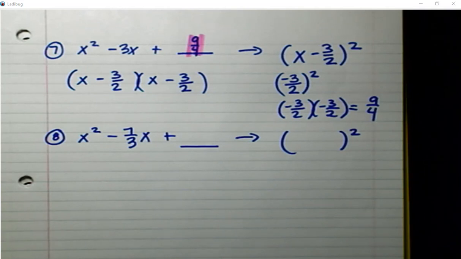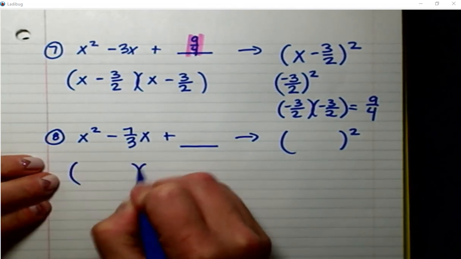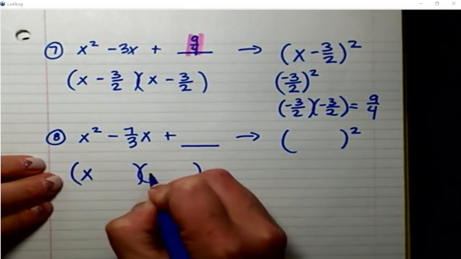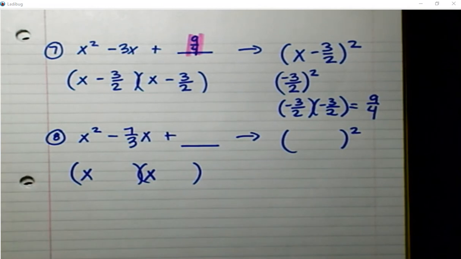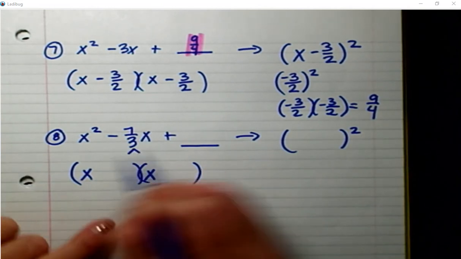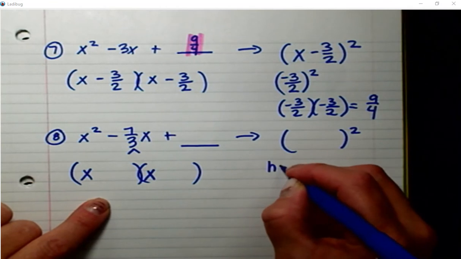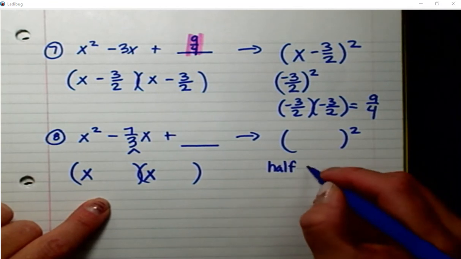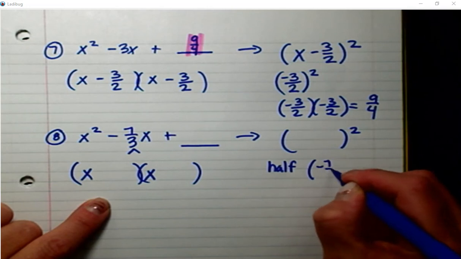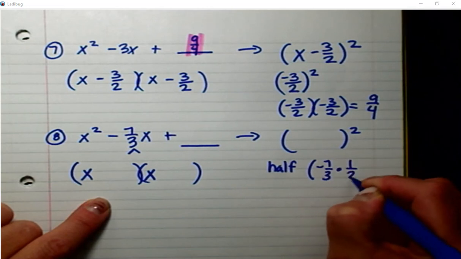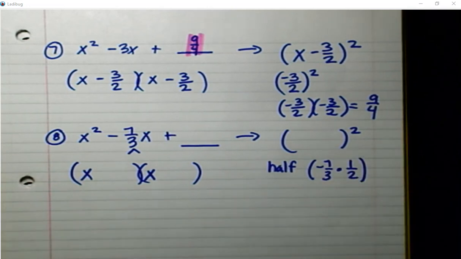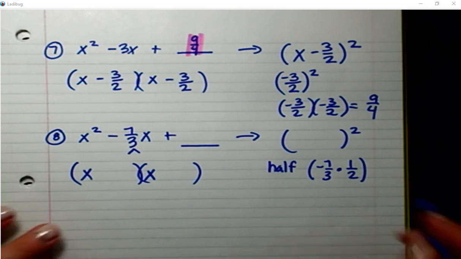Anyone know how to divide a fraction by 2? Yes. Multiply it by 1/2. So I'm still going to write my parentheses here because it really just helps me think about it. I do need to split this thing into 2 even parts, so I'm going to write the word half. Because I want half of the middle term, I multiply it by 1/2.